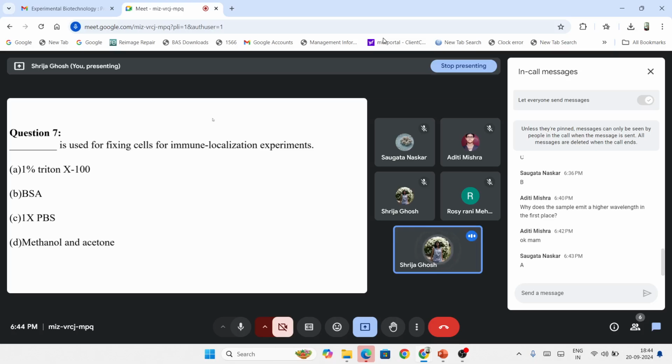So for fixing cells, what do we mean by fixing cells? When we are doing microscopy experiments, we generally fix the biological sample so that everything is fixed in its position.